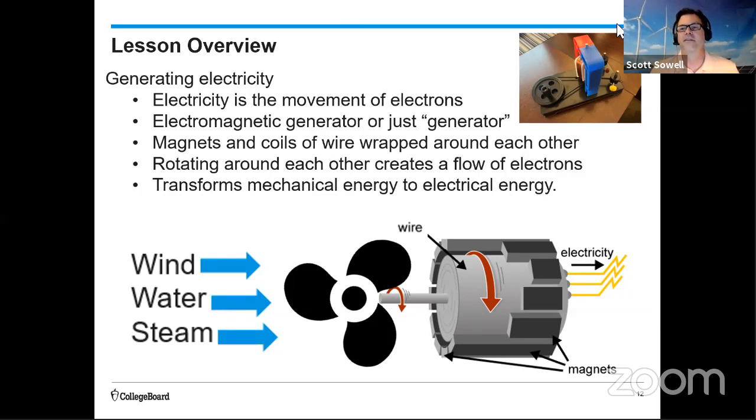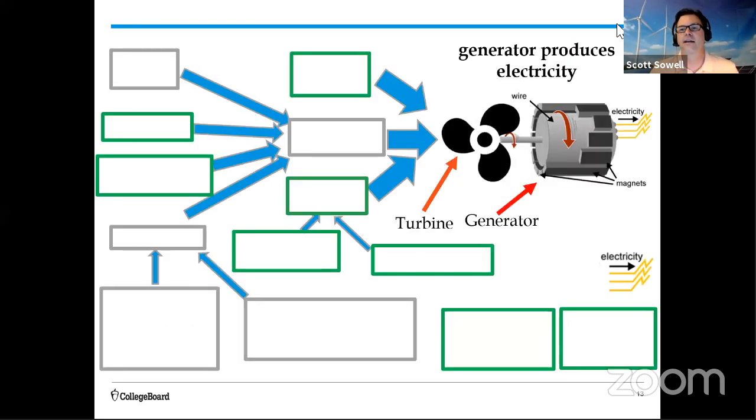So if we look at the various ways to generate electricity, there's quite a few. And so we're going to look at some that are renewable today, and those are in the green boxes. So let's take a look at this first one. So we could spin the turbine with wind, we could spin the turbine with steam, or we could spin the turbine with water.